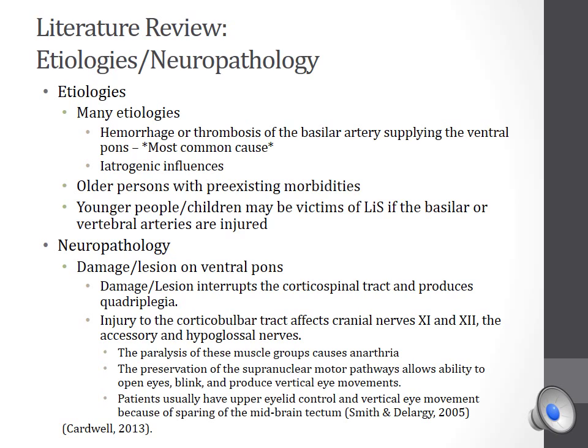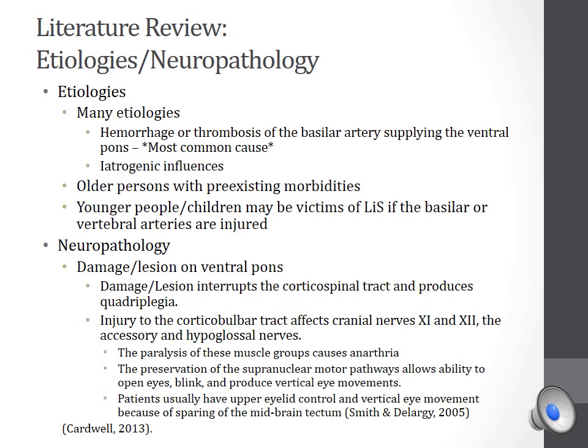Locked-in syndrome stems from damage and a lesion on the brainstem of the ventral pons. The pons contains important neural pathways between the cerebrum, spinal cord, and cerebellum. In locked-in syndrome, there is an interruption of all the motor fibers running from the gray matter in the brain via the spinal cord to the body's muscles, and also damage to the centers of the brainstem important for facial control and speaking.